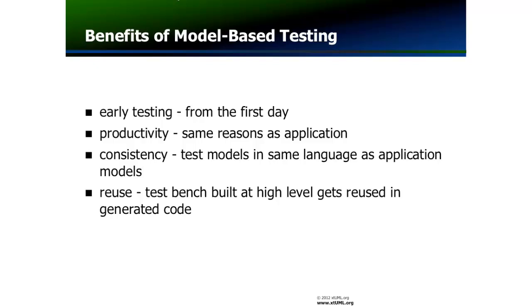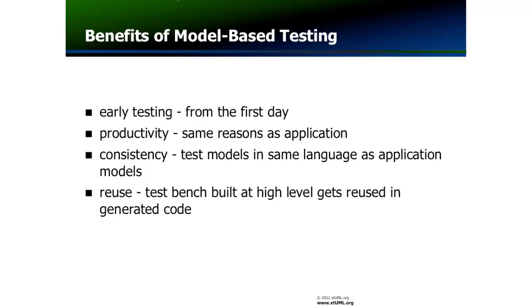And then one of the big points and special advantages of executable translatable UML is that these test benches that are built can be reused at lower levels of abstraction.